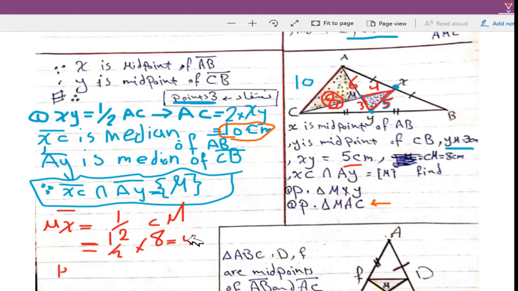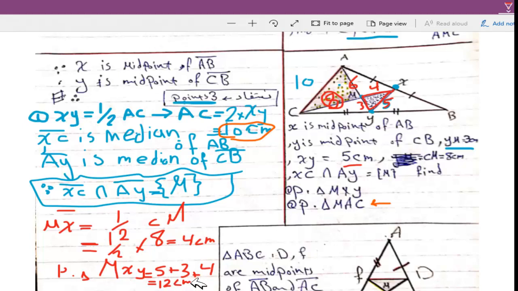So the perimeter of the triangle MXY equals how many? 5 plus 3 plus 4, 5 plus 3 is 8, plus 4 will be 12, and the answer is 12 centimeter. It's too easy. Okay, 12 centimeter.